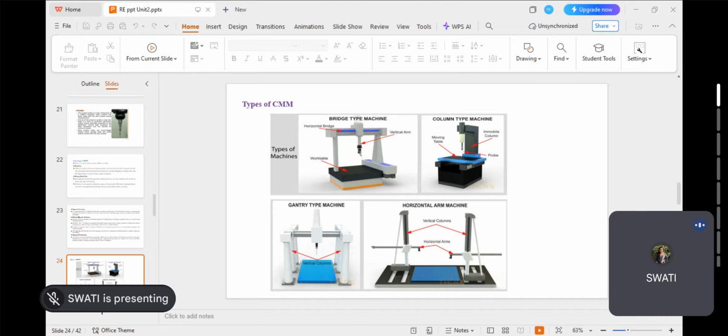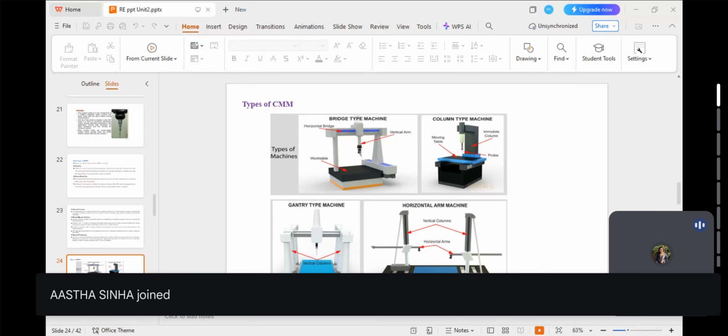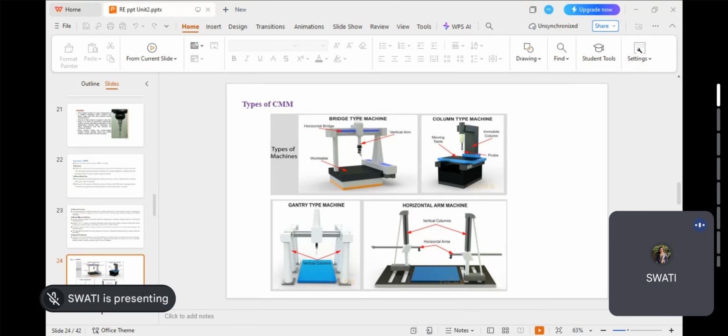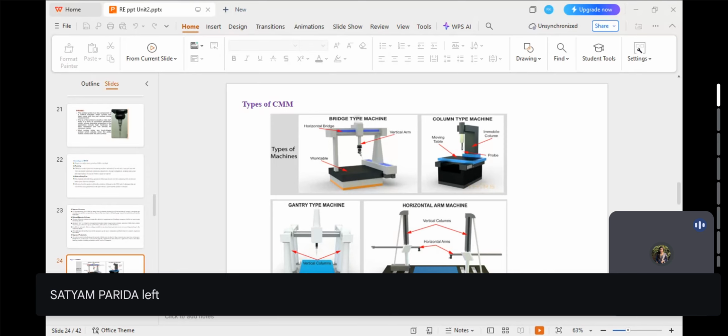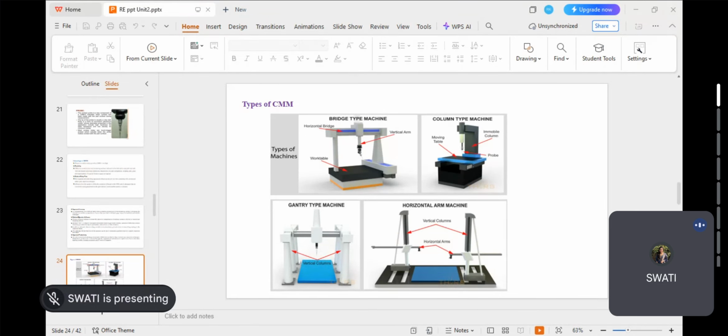If you have a device that is not fully automated, you can use manual intervention. The purpose of inspection is first piece approval, process control, pre-assembly qualification of parts, and reverse engineering. So this CMM is not only used for reverse engineering, it can also be used for inspection purposes. First piece approval means you have prepared the first piece of the product, you check it through the CMM whether it is accurate or not, and when it passes, you can go for manufacturing the other pieces.